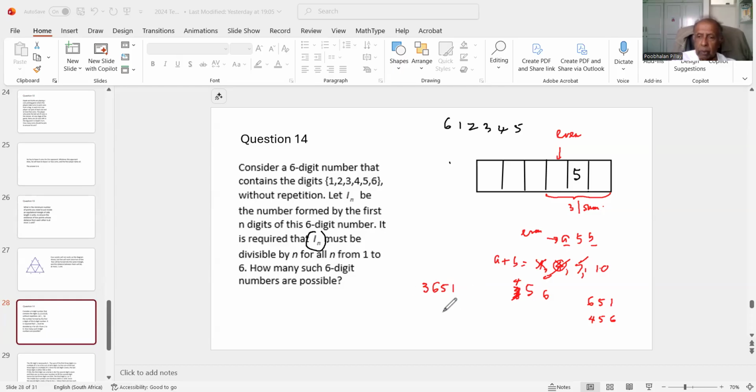All right. And then in that case, what am I left with? I'm left with 2 and 4. So you could put 2 here. Yeah, so this has to be even.